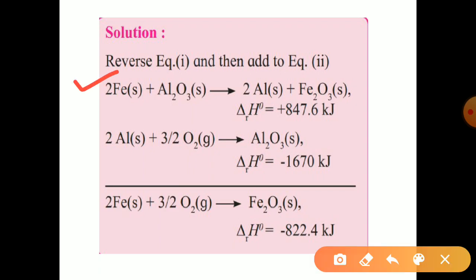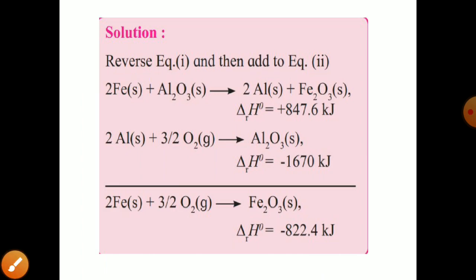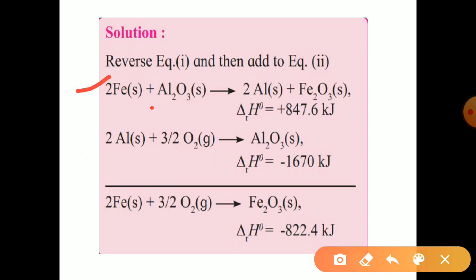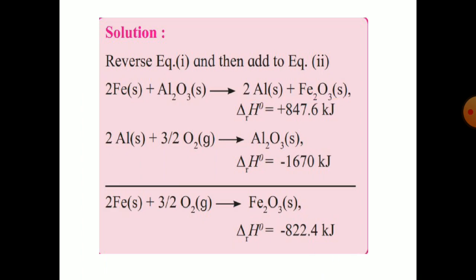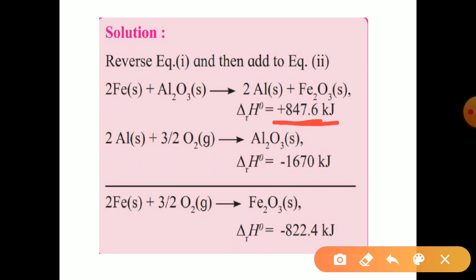See here what I have done. The first reaction is reversed. Reverse equation 1 and then add equation 2 to it, so that we get 2Fe plus Al2O3 gives 2Al and Fe2O3, and the enthalpy sign is changed.